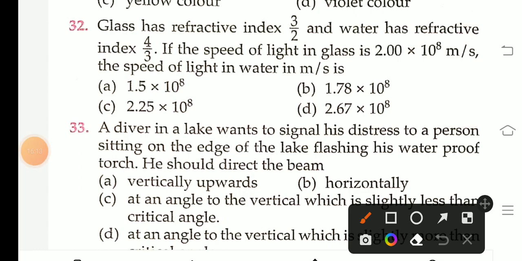Next, glass has refractive index 3 by 2 and water has refractive index 4 by 3. If the speed of light in glass is 2.00 into 10 to the power 8 meter per second, the speed of light in water in meter per second is... Right answer will be option C, 2.25 into 10 to the power 8.